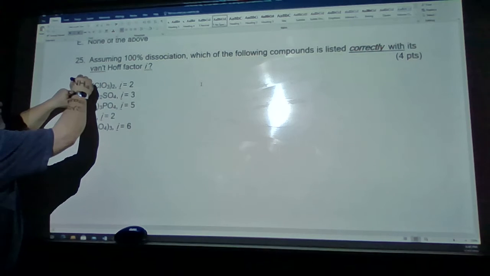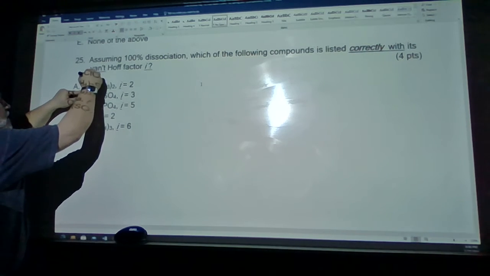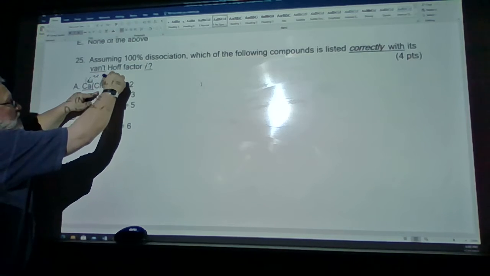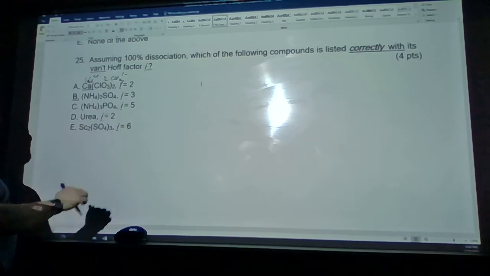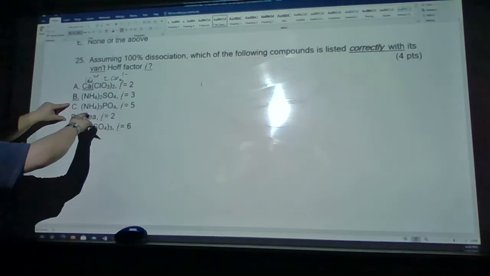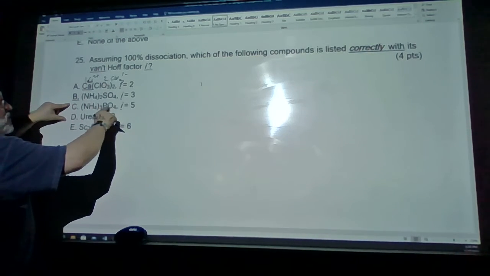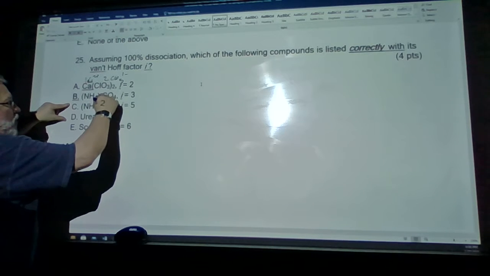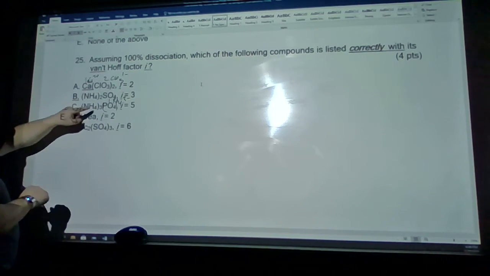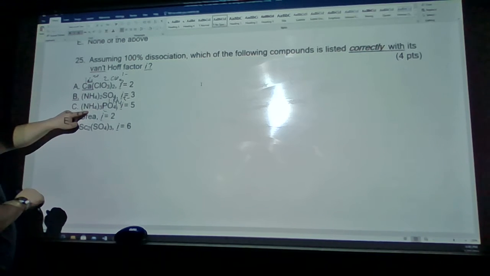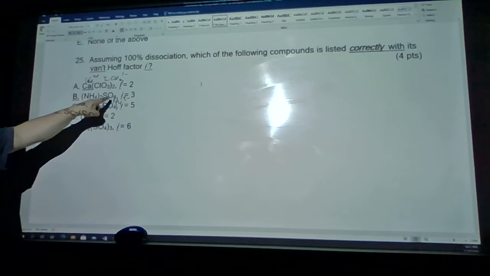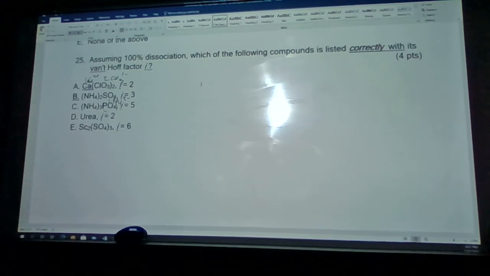Well, there's 1 calcium, 1 Ca2+, but there are 2 ClO3-. So there's 3 ions there. PO4 is 1 anion, so there's 1 PO4 3-. There are 3 ammonium cations, 3 NH4+. So 3 plus 1 is 4, not 5.